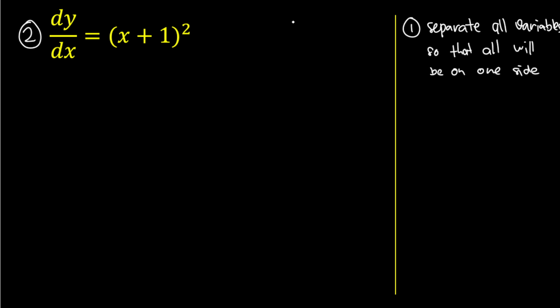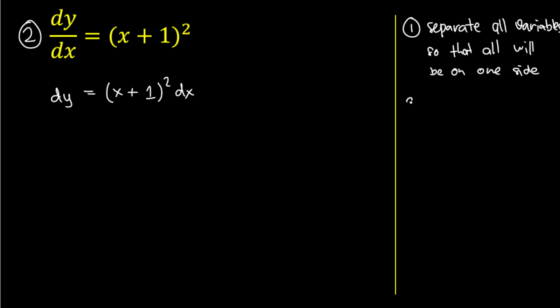So how to do that? Let's see here. Again, our y is only from dy here. So we have dy here, and that will equal x plus 1 squared, right? And then multiplied by dx because we move this dx to the right hand side.